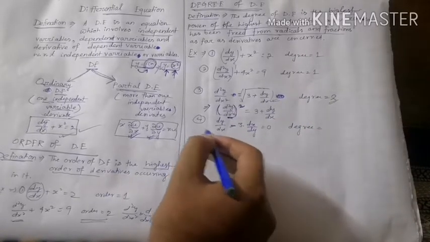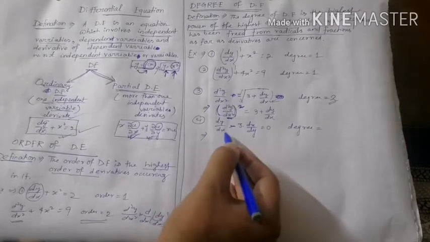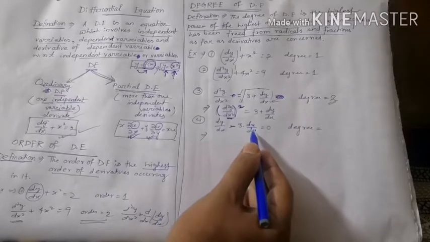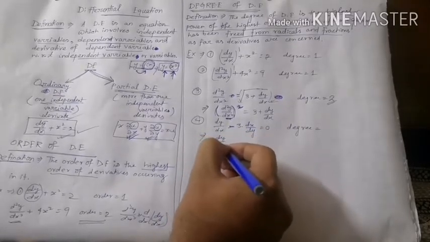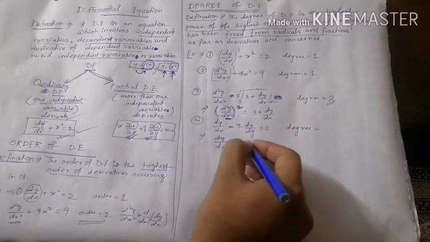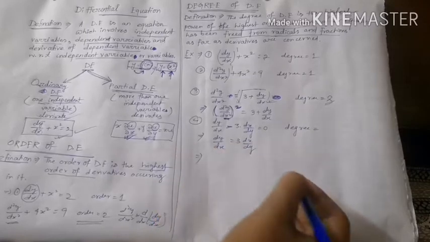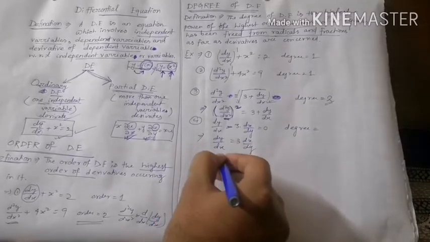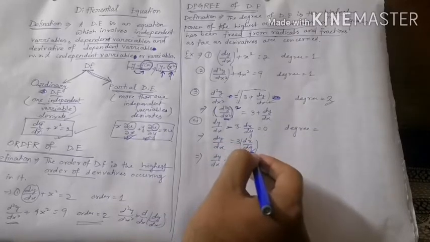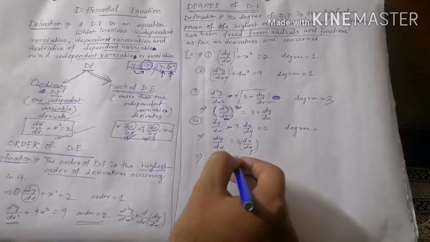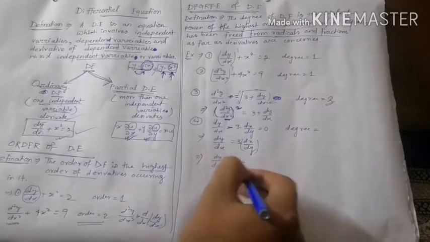In example 4, what we will get? dy/dx - 3 dx/dy = 0. So we will solve it like this. dy/dx = 3 dx/dy. Now dy/dx into, here dx/dy is multiplied with 3, so in that case it will divide.